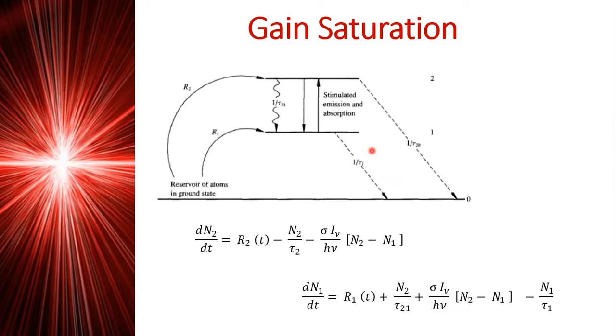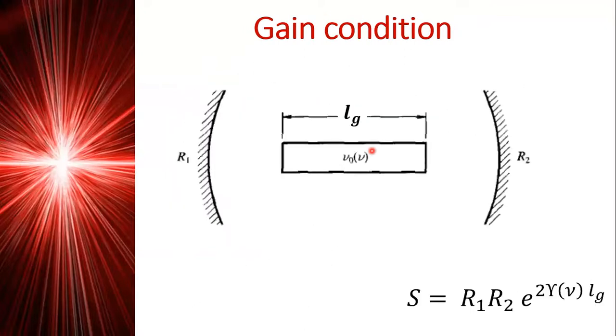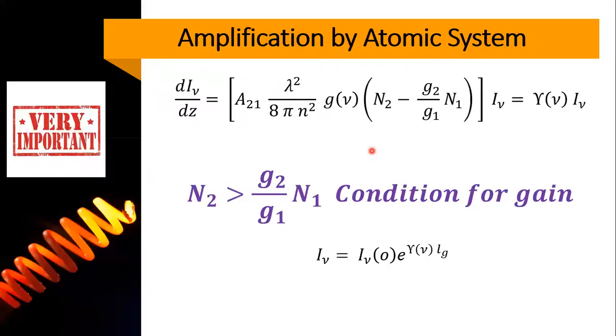Why are we using 3 levels to construct a laser? When we started the Einstein approach together, we started with only 2 levels. Why do we need 3 levels to construct a laser? This is a very important conceptual question. The answer, my dear students, is here. Let's describe it together.